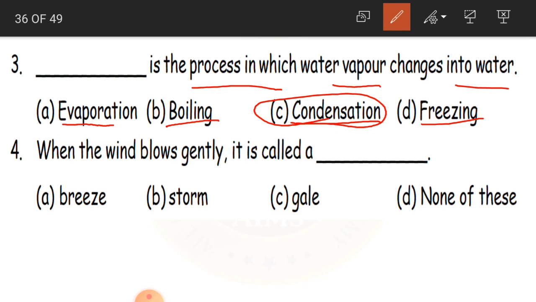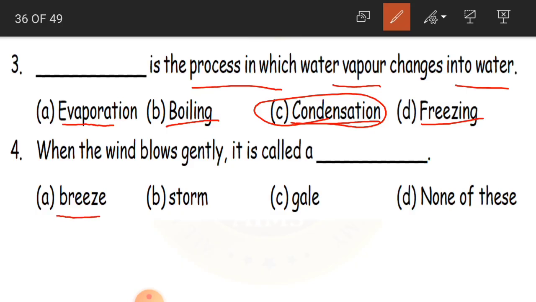Clear, children? Yes. The fourth question here is: when the wind blows gently, it is called a dash. Wind, that is the moving air, when it blows gently, is called a dash.